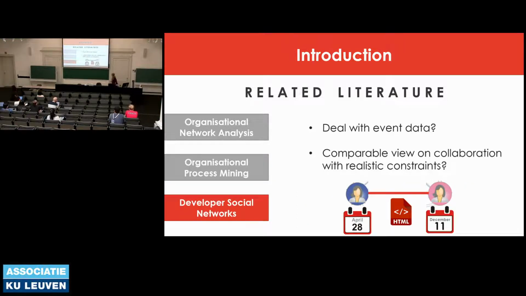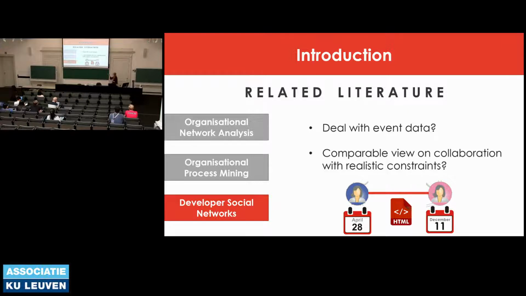And lastly, we have developer social networks. It's a subdomain under mining software repositories. They have literature on extracting a network of developers who developed software code and worked on this together. But a problem here is they often use a definition to make these networks that states that if two developers worked on the same source code file, that is collaboration.